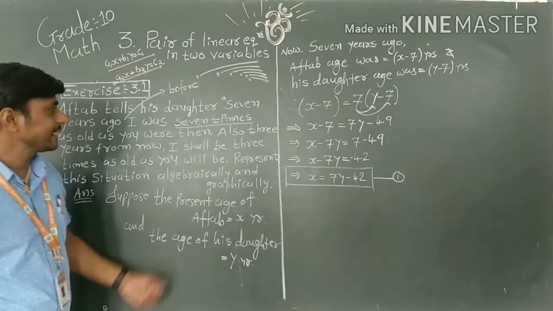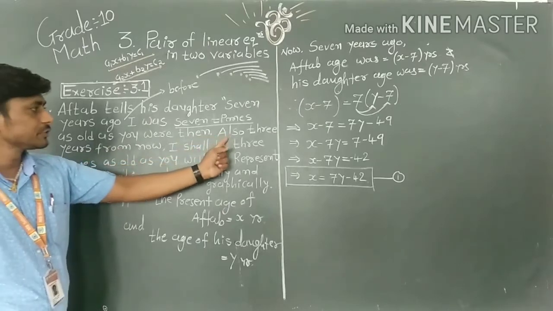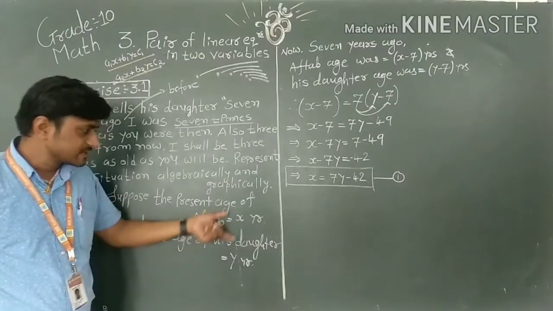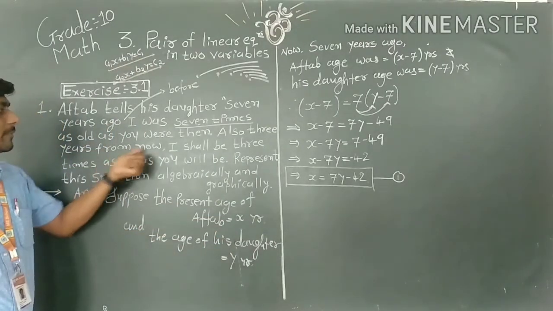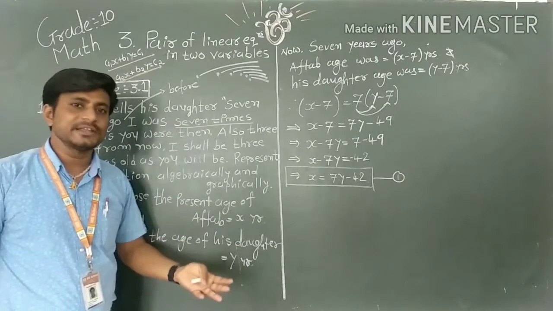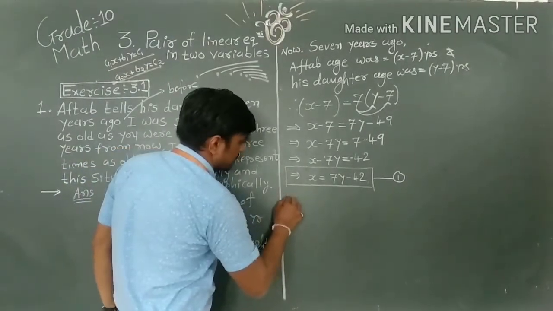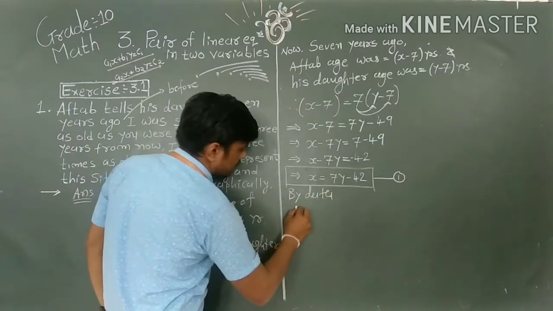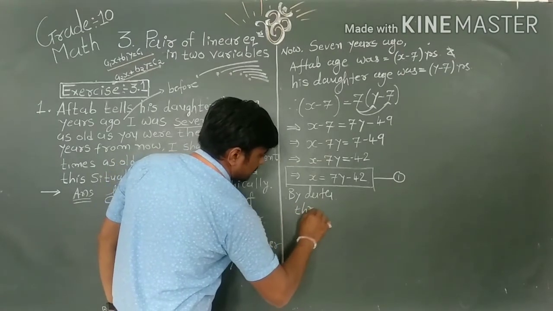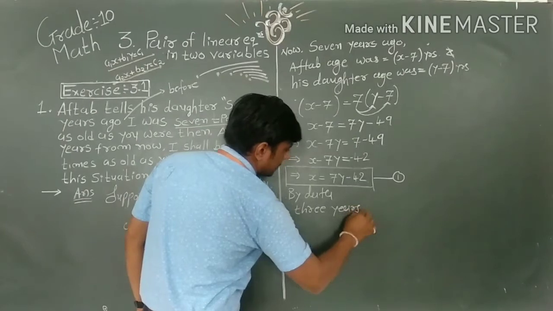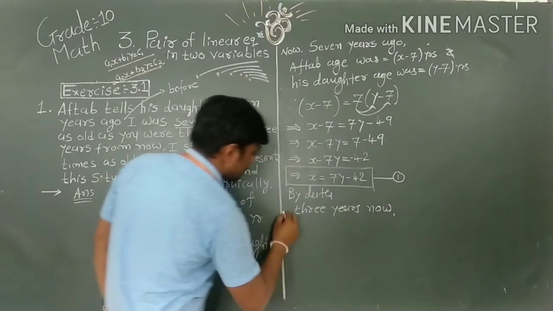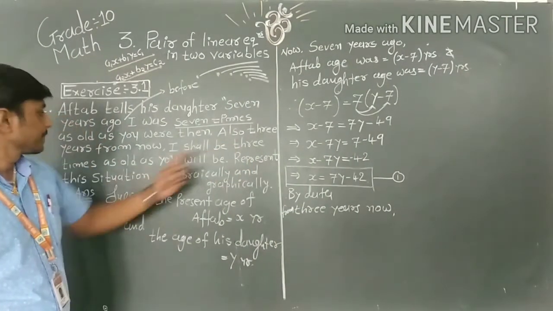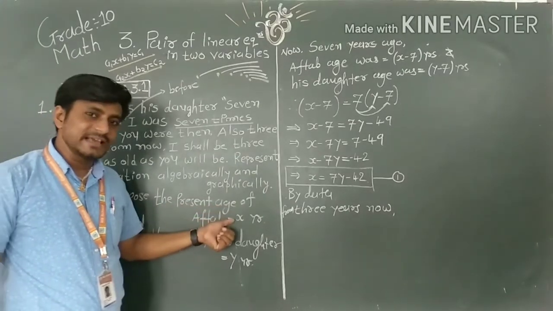Now what about the second condition? Also, 3 years from now. The present age is x. 3 years from now means after 3 years. Therefore, by the data, from 3 years now, the present age is x.